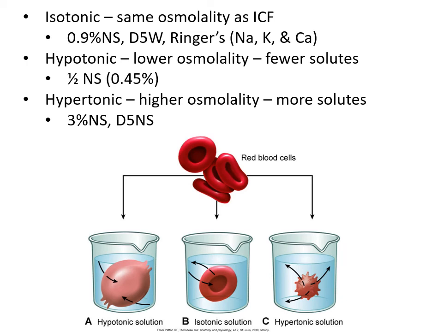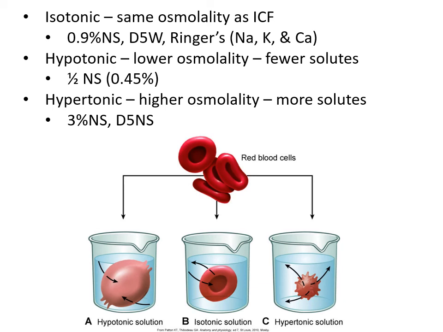Lactated Ringer's. Again, another solution that we make up that's isotonic to the interstitial fluid or the intracellular fluid. And what's inside lactated Ringer's? Sodium, a bit of potassium, some calcium. Okay, and it's made to a concentration that's isotonic.